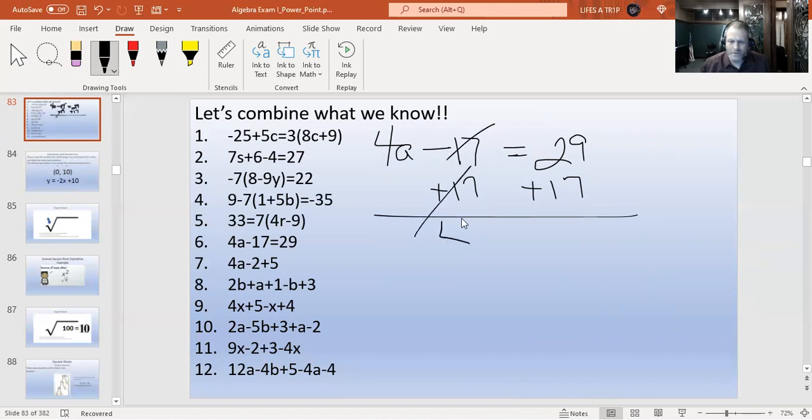Cancel. 4a equals 46. All right, so divide by that 4 to get that 4 off of that a. Cancel, cancel. a equals, let's divide by 4.